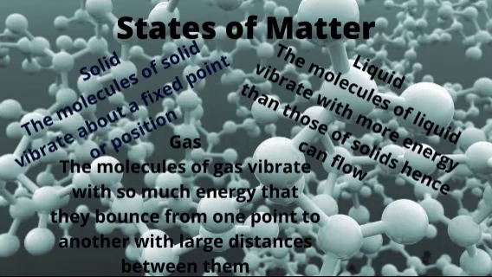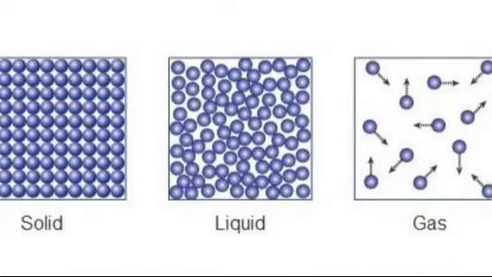For solid, the vibration is not so much. They vibrate about a fixed point, so that we can almost not sense their vibration in the solid state of matter. For liquid, the vibration is more than it is in solid. That's why liquid can flow. Solid cannot flow because the vibration is too stiff, too much about a point.